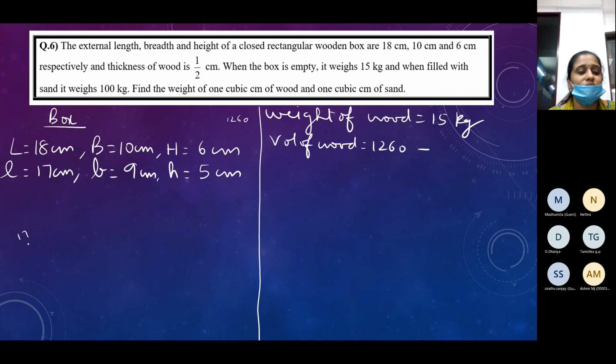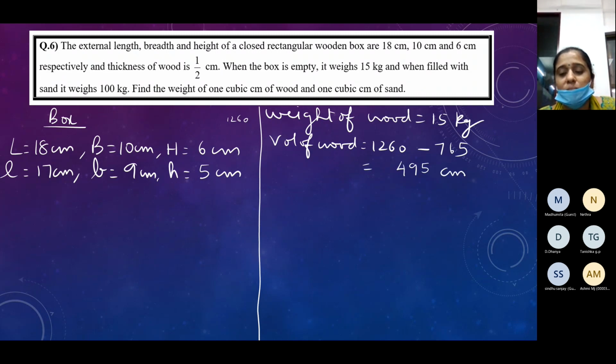17 into 9 into 5.5. 765, I hope I'm right. Please check if I'm right, children. I'm subtracting, 1 minus 7 is 4.